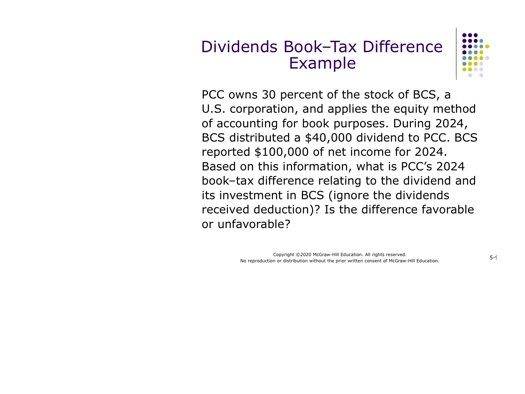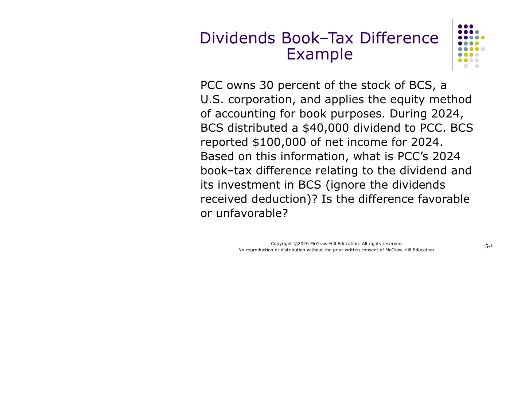Let's talk about a dividend book tax difference example. We've got PCC, and they own 30% of the stock of another corporation. It's a U.S. corporation, and PCC applies the equity method of accounting for book purposes. During 2024, BCS distributed a $40,000 dividend to PCC.